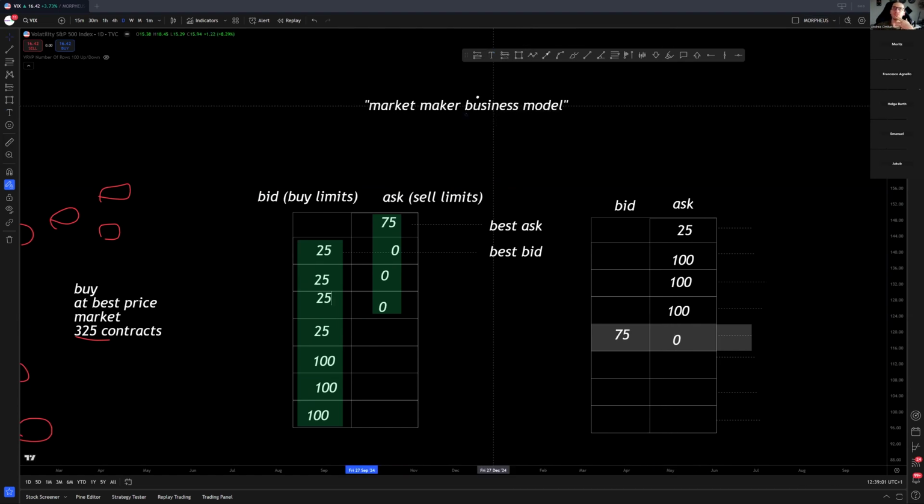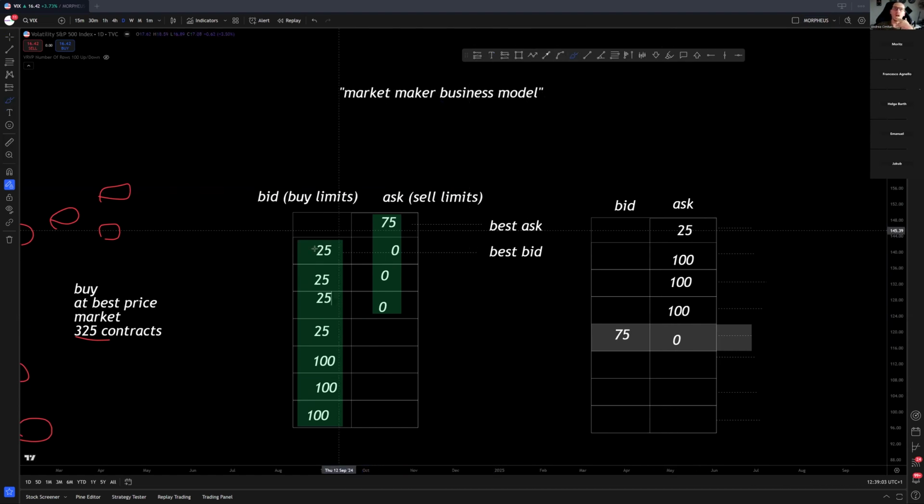The market makers are big institutions, big participants, acting as liquidity providers. They provide liquidity to the market. Why would they do it? Can you guess what the business model is? Let's see if someone can guess it.